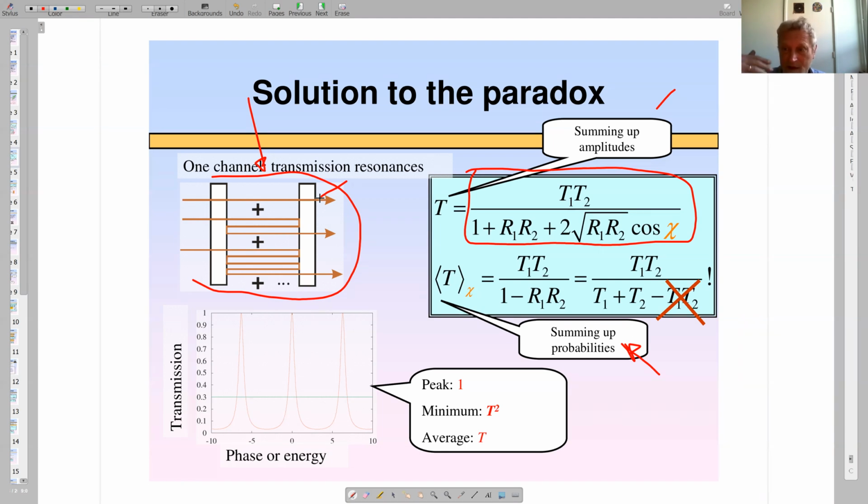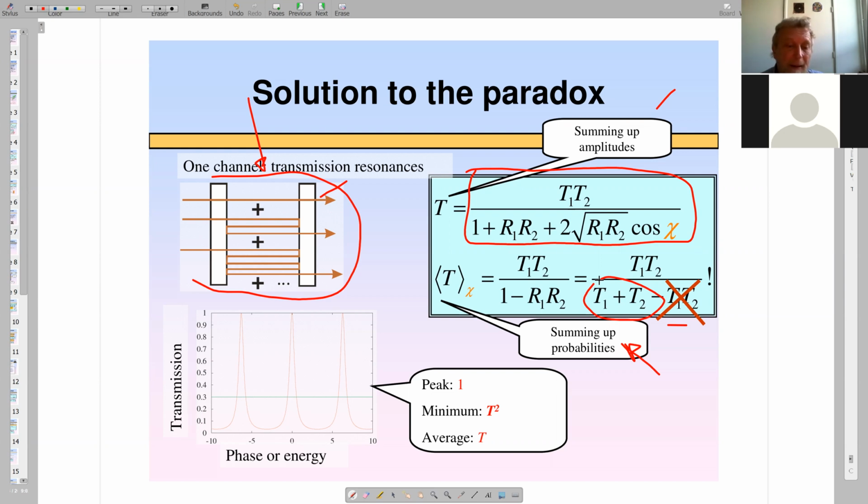This is equivalent to suppression of interference effects. And that's why averaging over phase delivers me that. Right, okay, and what I get, let me neglect terms which are small because probabilities are small. I got almost Ohm's law. I got the sum of conductances in the denominator. Great.